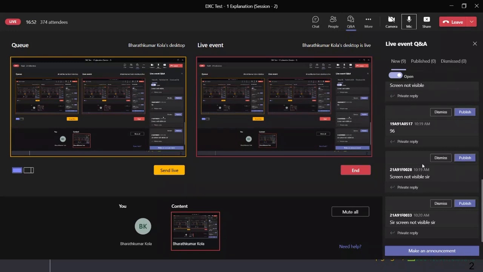Guys, once look at the screen. Is that visible or not? Right, visible. Is this problem clear, everyone?